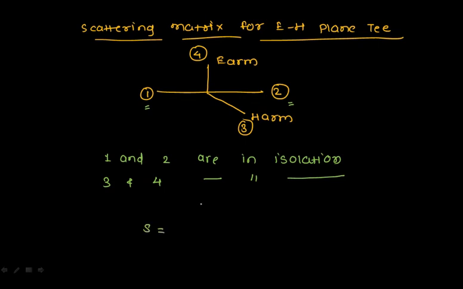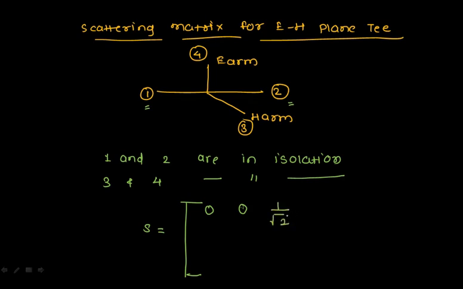So in the scattering matrix, how do we represent it? S11 is 0, S12 is 0, because if you give to 1, nothing will be received at 2. Then whenever you are giving something to port number 1, half will come to 3. Half means 1 by root 2 in terms of the intensity.